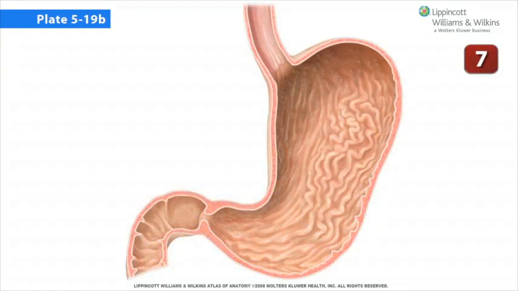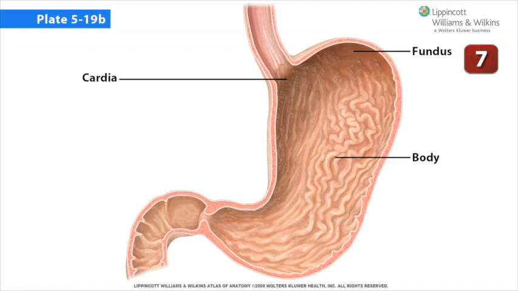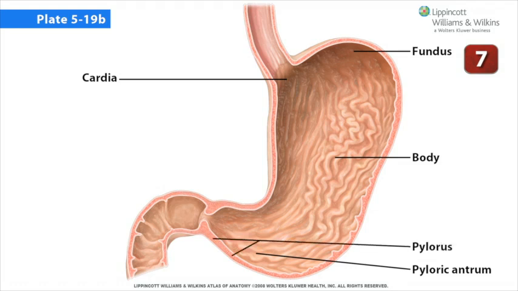The stomach has four parts: the cardia, which is the part surrounding the gastroesophageal orifice; the fundus, which is the dilated superior part between the gastroesophageal orifice and the left side of the diaphragm; the body, which is between the fundus and the pyloric antrum; and the pyloric part, the funnel-shaped distal area that begins at the pyloric antrum and ends at the pylorus.